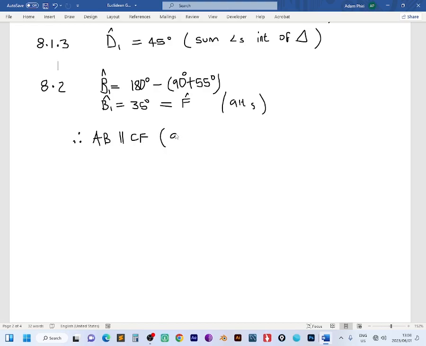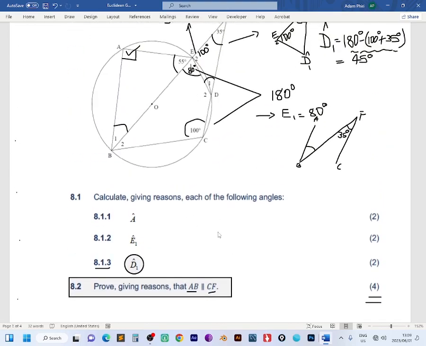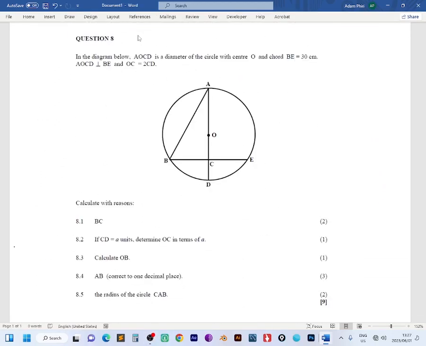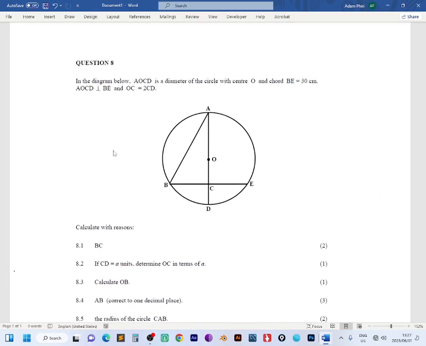So AB is parallel to CF, for reason alternate angles. That is how I would put it in that case. So yeah, that's it. You can go in and check all your angles, and if it's moving too fast, remember to pause.